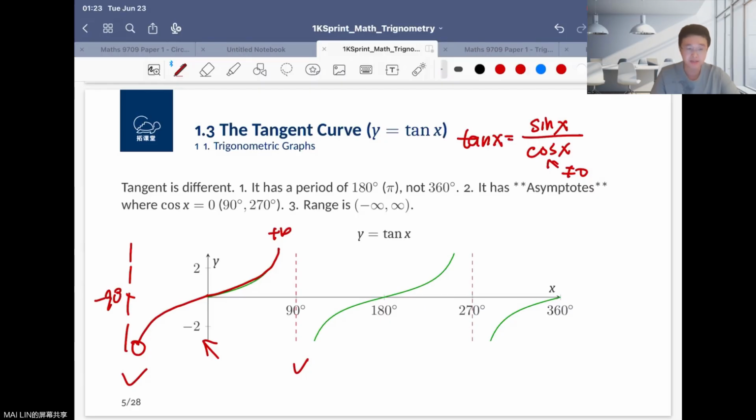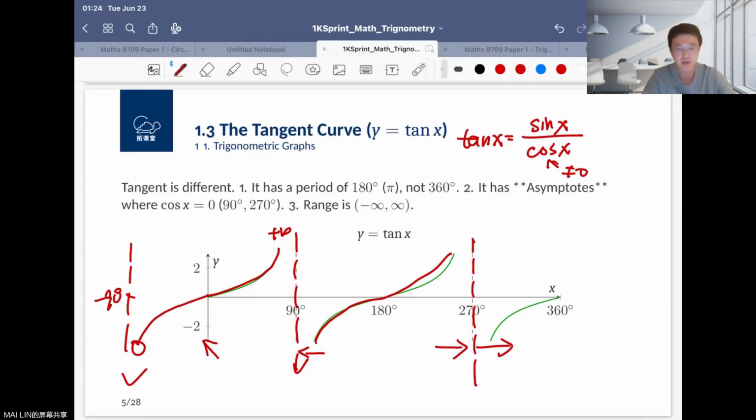Because it is a periodic function, it has the same values after a 180-degree period. So from 90 degrees to 270 degrees, it also has the same graph, and after 270 degrees, also the same graph. We call these lines asymptotes. An asymptote means the curve gets very close to the line, but there is no intercept with it.